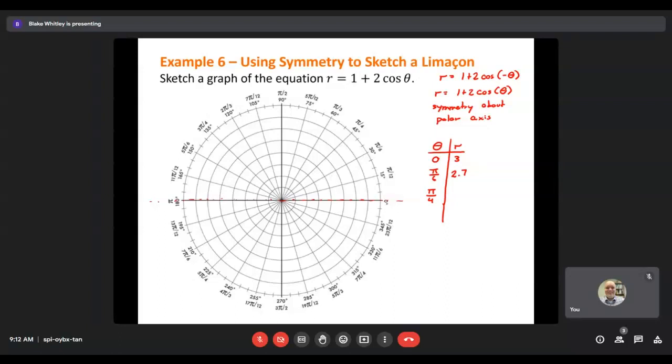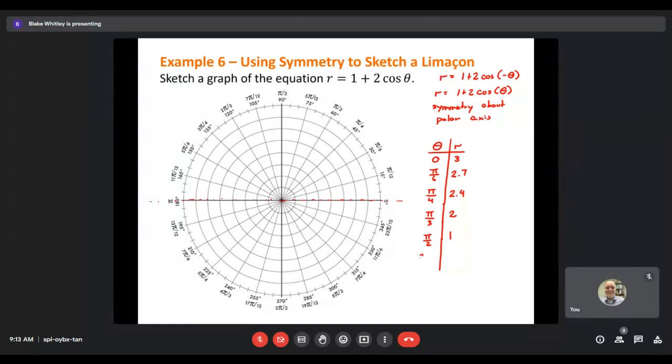Pi over 4, 2.4. Pi over 3 should be 2. And pi over 2 is 1. Okay, so it's up to you if you want to go ahead and plot those points. I haven't hit any negative r values yet, so I'm just going to keep going because I think I'll be able to plot everything that we've got here.